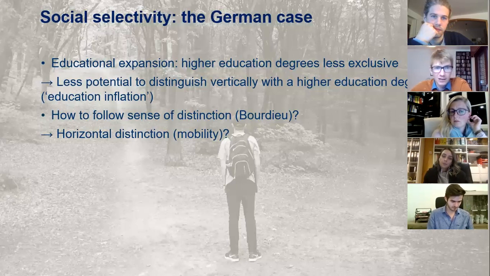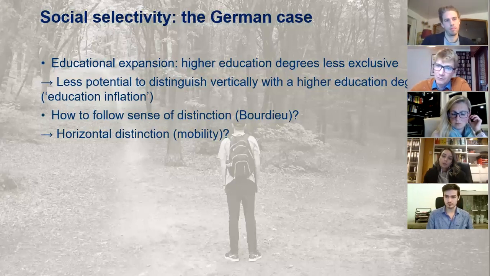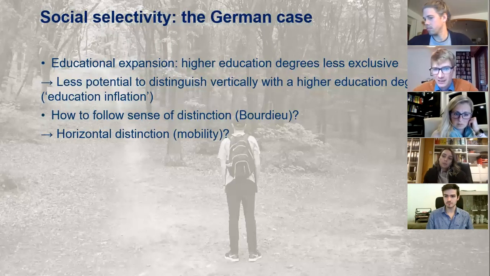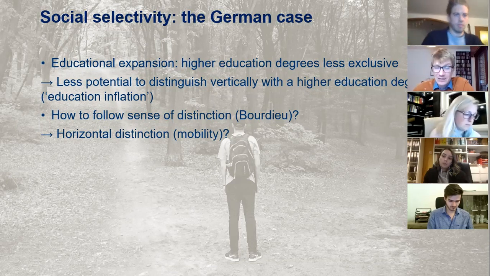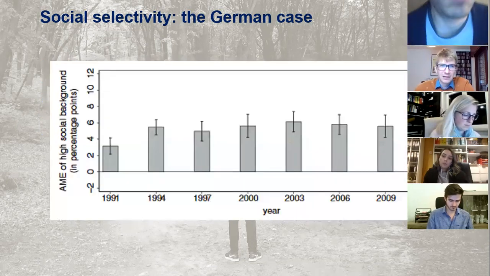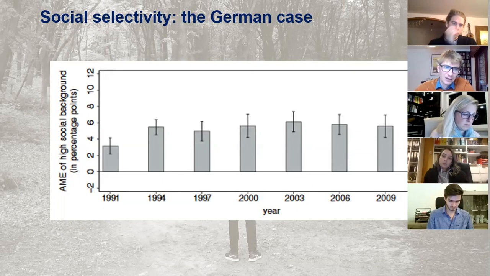Or, and that's the hypothesis here, higher socioeconomic strata might also pursue this through horizontal distinction, meaning that you still have the same degree as other people, but this mobility capital and mobility experience signals something on your CV that makes you distinguishable from other students with the same degree.